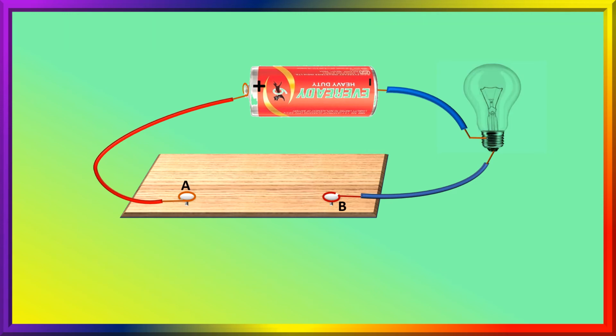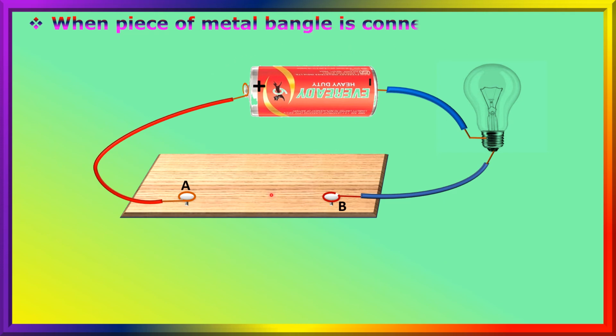Next, when a piece of metal bangle is connected between A and B. Actually, this is the open circuit. That's why the bulb doesn't glow.